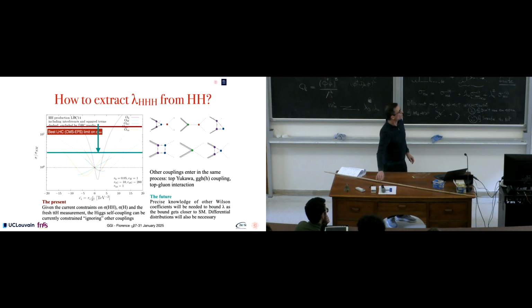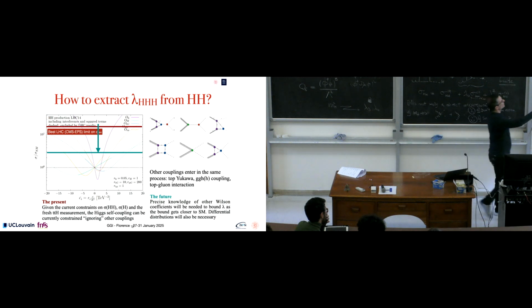No, it's not the widest. This is sigma over sigma standard model, right? So that's your measure divided by the standard model one. You go from above, so when your limit improves, you go down with this line. The purple here is the trilinear. And you see that basically for all other curves on the other coefficients, the dashed line is below, apart from here, let's say. Being below means that you are not sensitive to it.